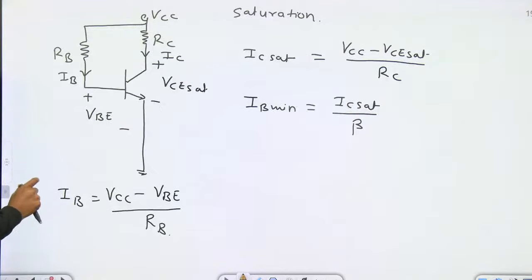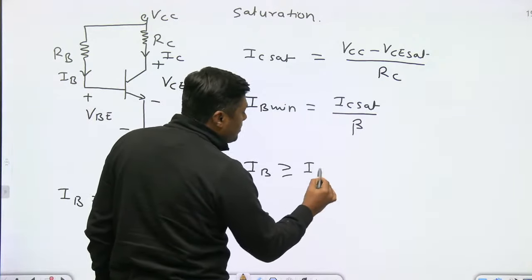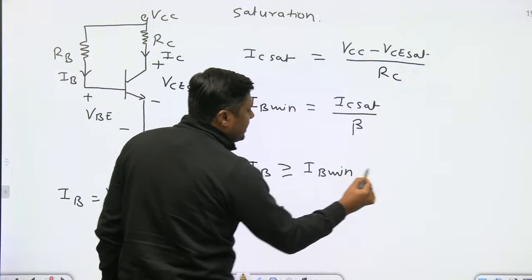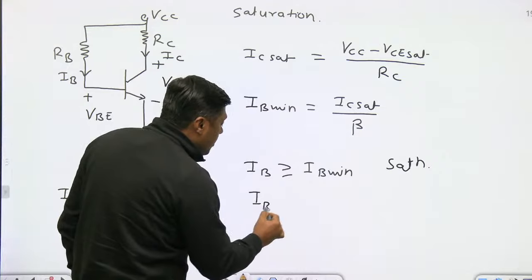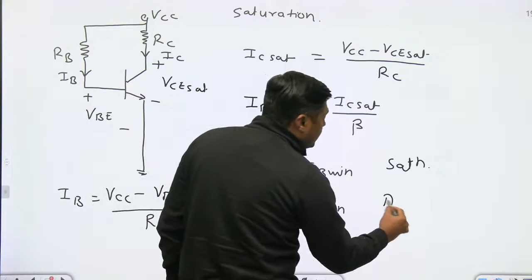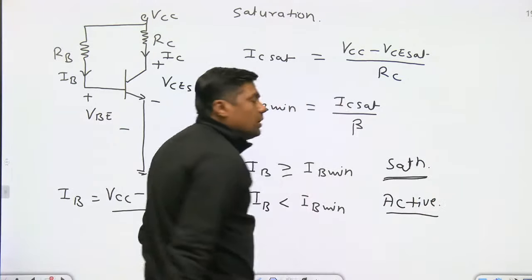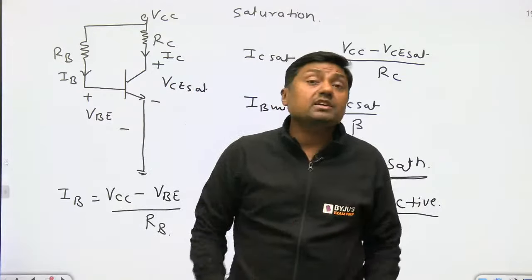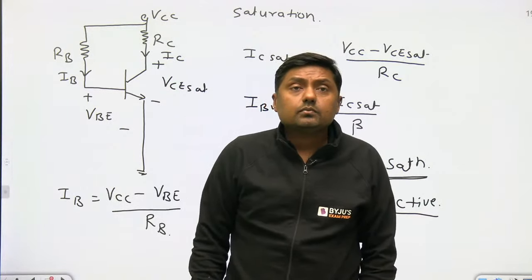If this IB is greater than or equal to IB minimum, then it is in saturation. If it is less than IB minimum, then it is in the active region. Very simple. So that is the method. In this way we can decide whether the transistor is in saturation or not. Right? That is the case.